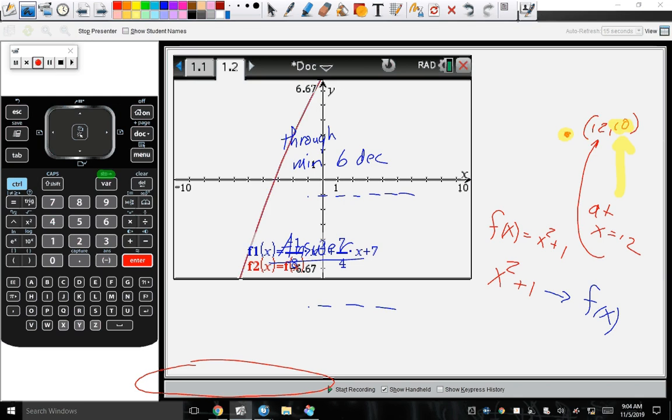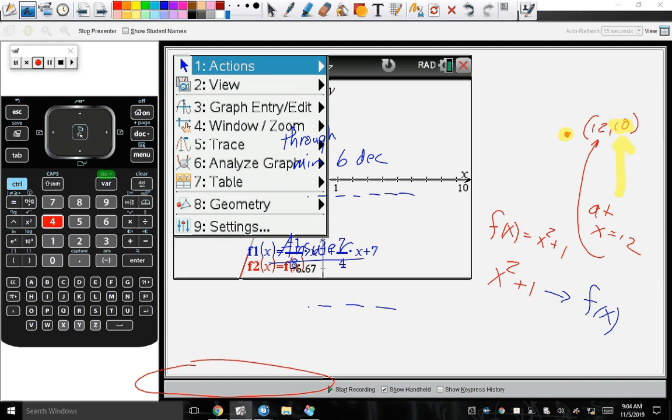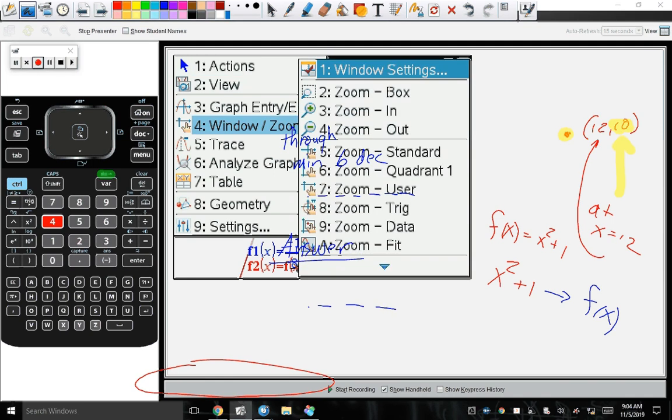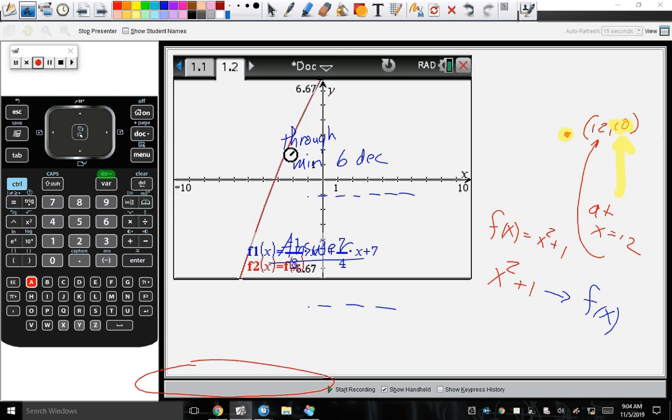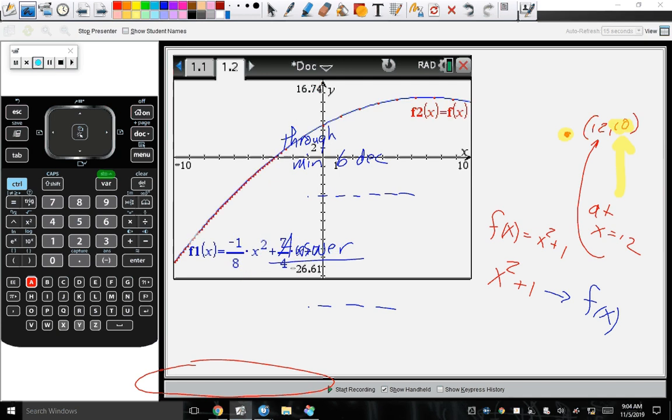Something that you're going to need to get accustomed to is, let's look at this graph as far as a parabola is concerned. So menu, zoom, 4. And guys, you're going to use this a lot for the rest of the year. Menu, zoom, fit. So A, you can either scroll down or press A. It will fit at least a good default picture of where most of your information lies.